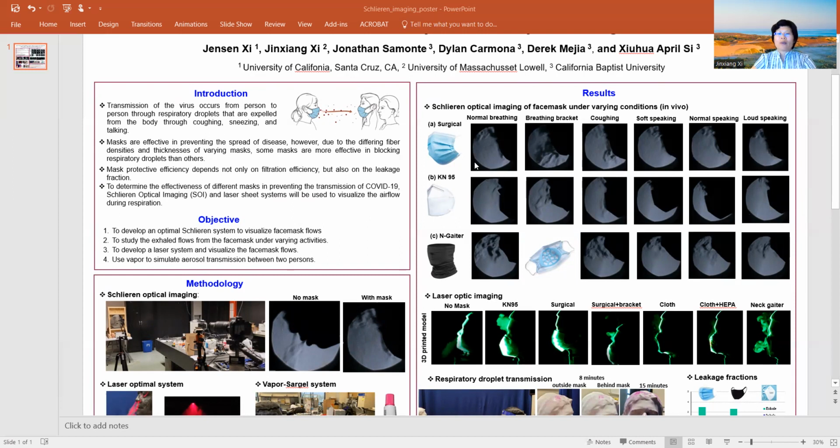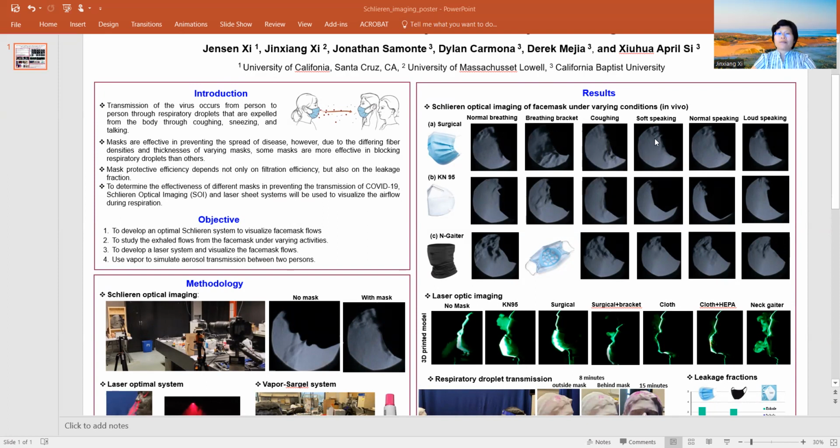Let's look at the surgical mask. We can clearly see that with normal breathing, because the flow is slow, it's well spread around the mask with a little bit of leakage. And coughing, because the flow is very fast, it's a jet flow, so there's not enough time to leak, and it goes directly through the face mask.